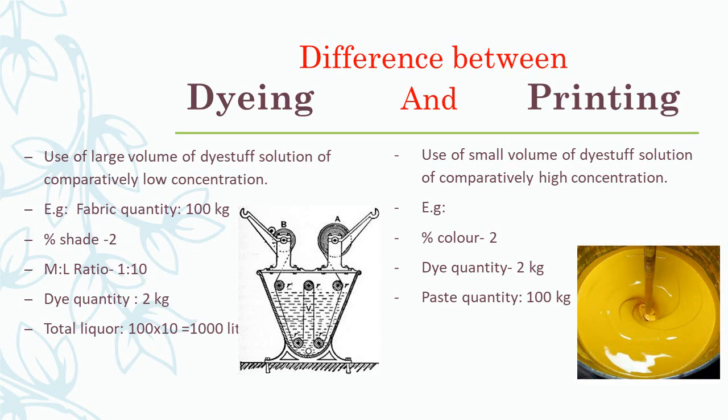So the ultimate concentration of dye in printing is high enough, and the volume of solution, viscous solution, is comparatively less. Here 1000 liter in dyeing, in printing it is just 100 kg. So a small volume of dyestuff solution of comparatively high concentration is used in printing, and in case of dyeing it is just opposite.